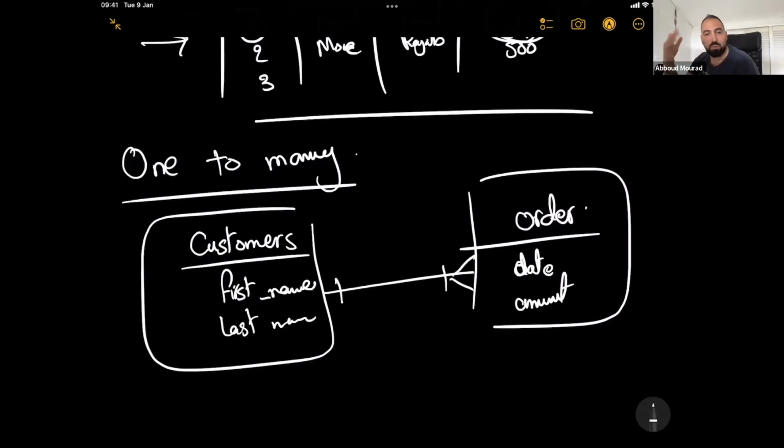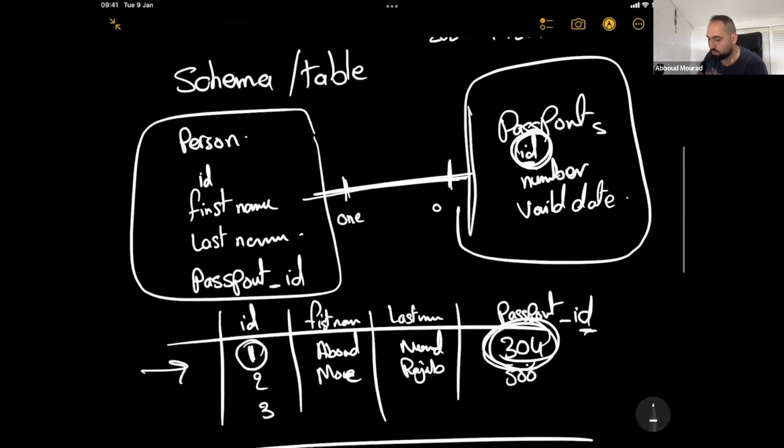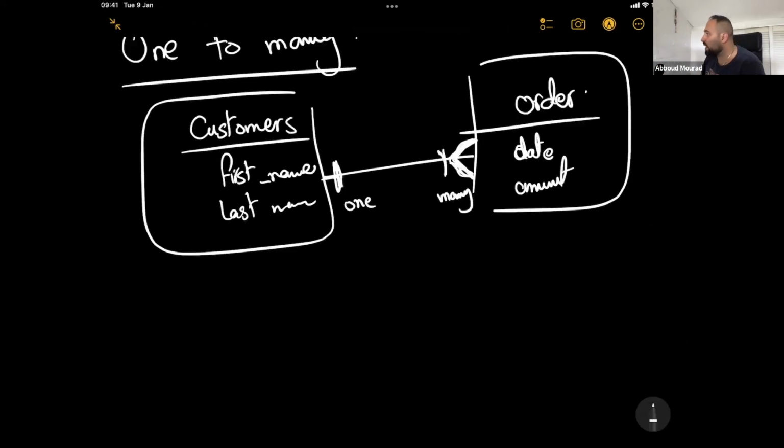Later on, when you apply for a job and work in a company, the architect is going to send you the relationship between all tables like this. If you see one part, and then one part with a crow's foot, then this one is one-to-many. And here is one-to-one.